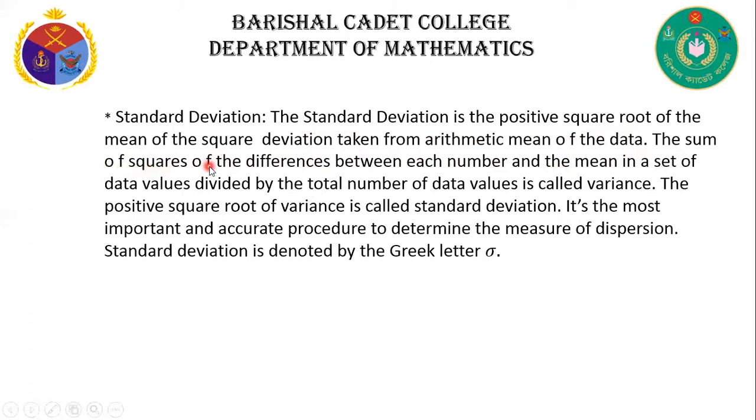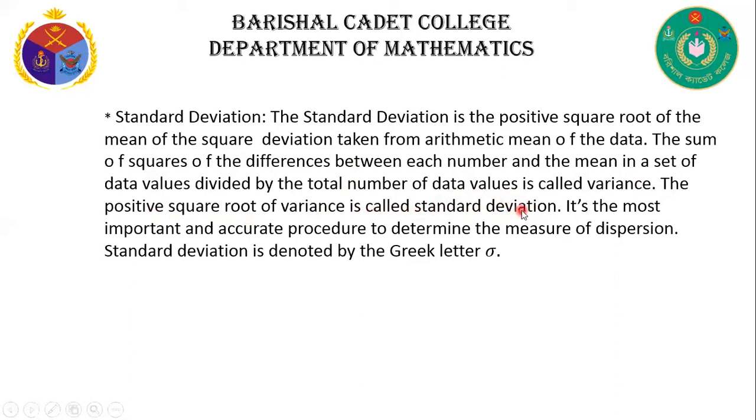The sum of the squares of the differences between each number and the mean in a set of data values, divided by the total number of data values, is called variance. The positive square root of variance is called standard deviation. So mark this line carefully.